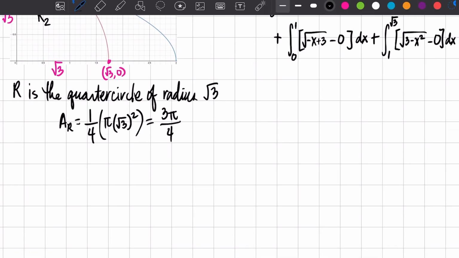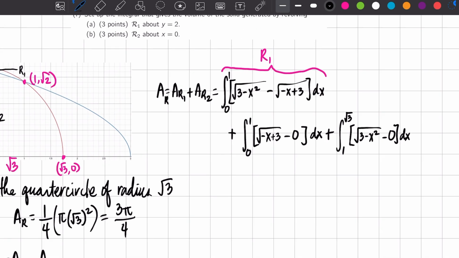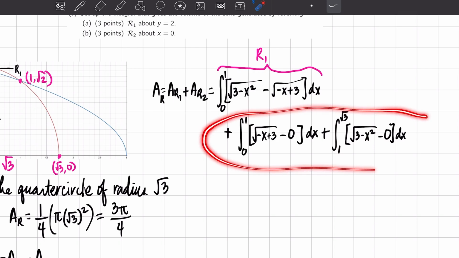So, what we know is that the area of R1 is just the area of R minus the area of R2. And the area of R, that's what we obtained, that's 3 pi over 4. Then minus the area of R2. And the area of R2 is this one right here.